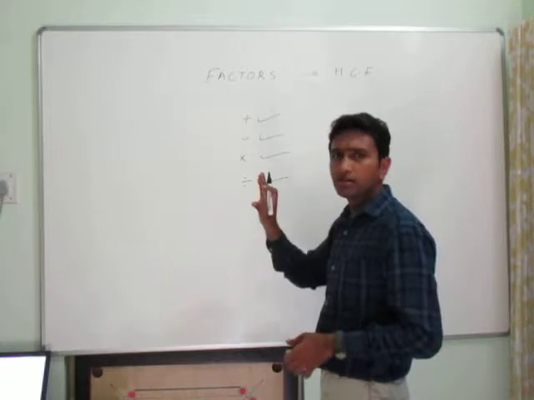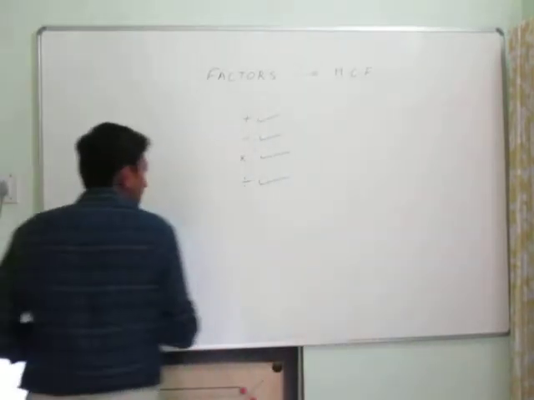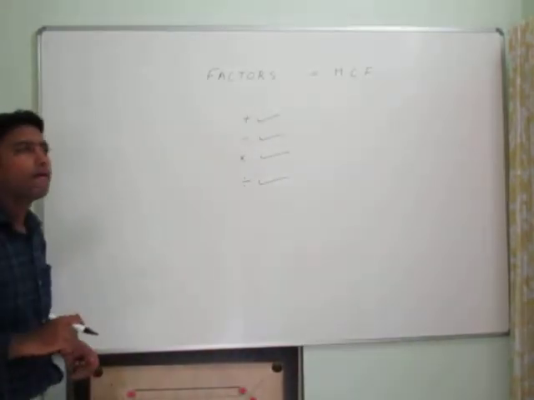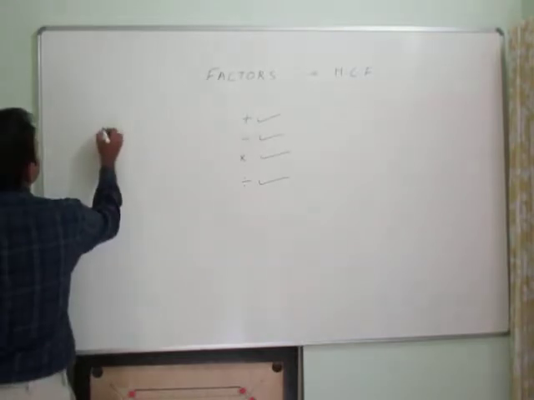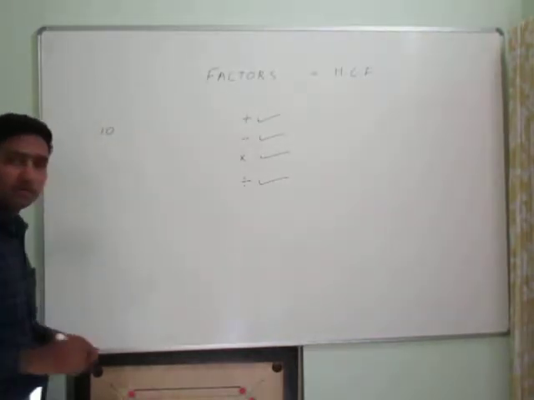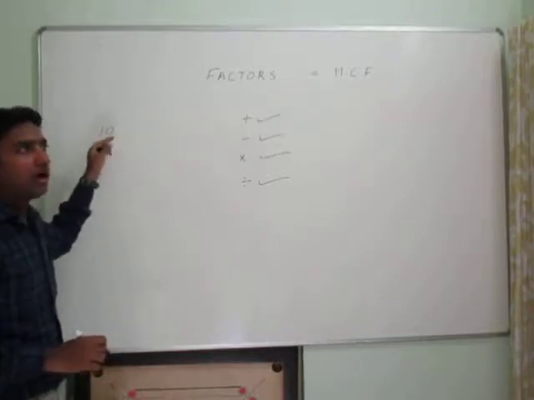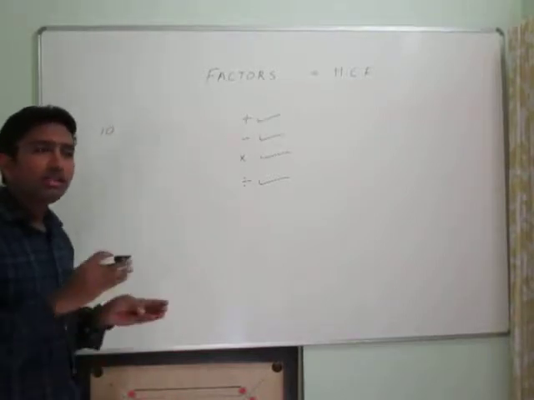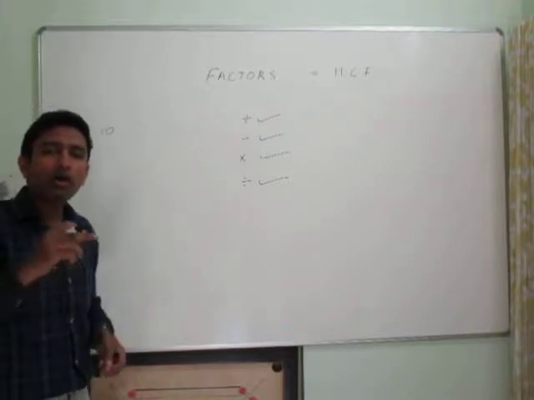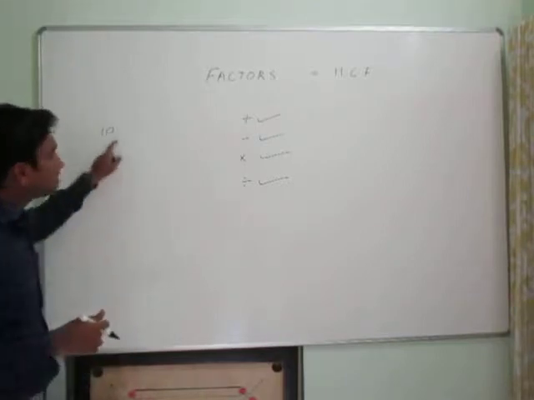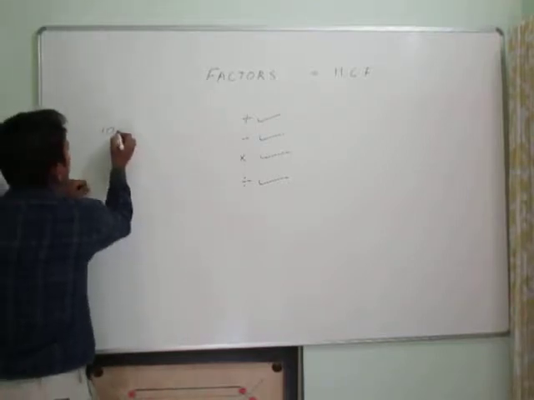a factor. Let's consider a simple example such as the number 10. I want to know 10 is divisible by what all numbers? Let's start with 1. Is 10 divisible by 1?